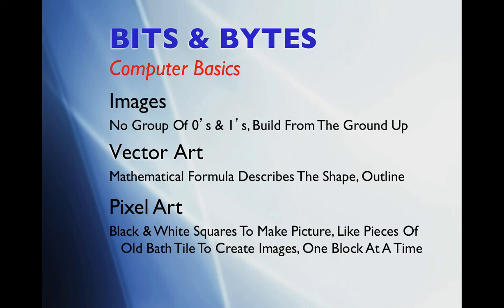In its simplest form, if I gave you a little stack of black and white little 1-inch pieces of tile, kind of like you see in an old-fashioned bathroom, and I said, make a picture by putting them together in a grid form, it might not be very detailed, but you could put together a crude basic image. That is a really good analogy for how pixel-based art works in its simplest form, like those old bathroom tiles, creating images one little block at a time.